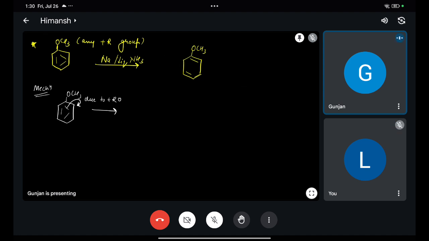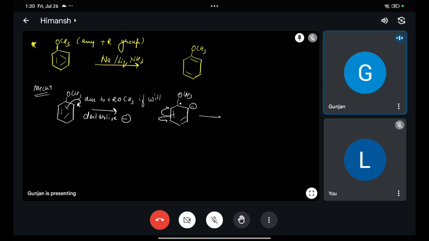Plus R of OCH3 will destabilize the negative charge. Right? So the bond will migrate over there. So you will get a negative over here, OCH3 over here, a radical over here, other bond like this.